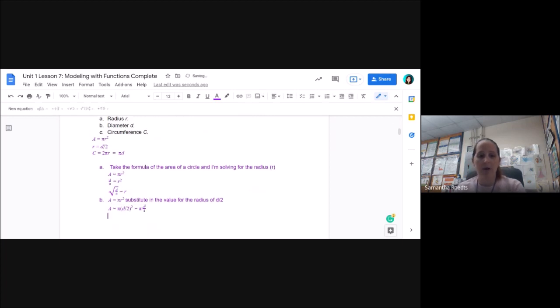So another way for us to rewrite this is A equals pi over 4 d squared. Again, I'm just looking for the area.